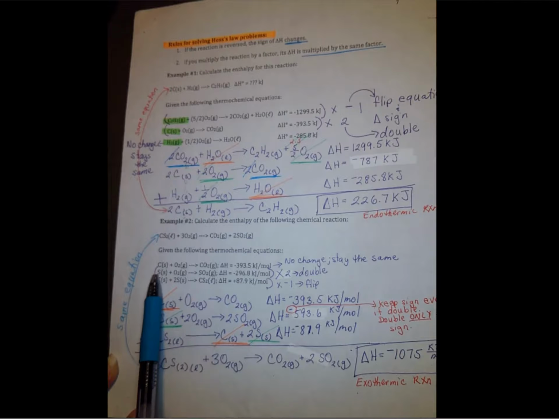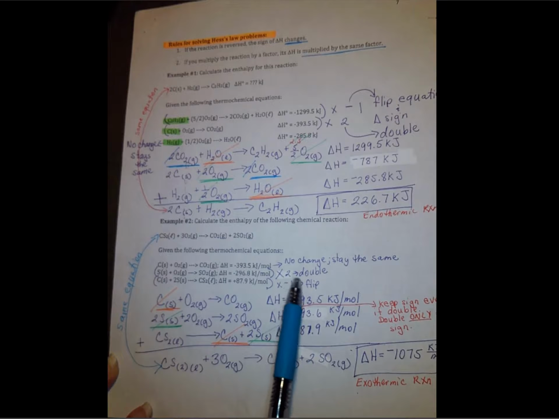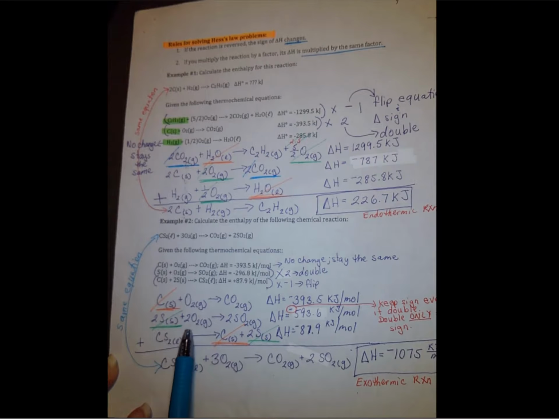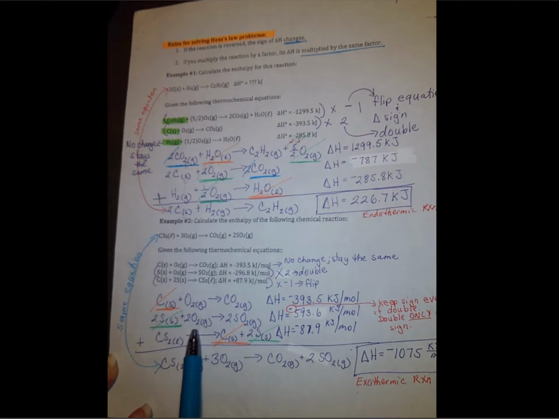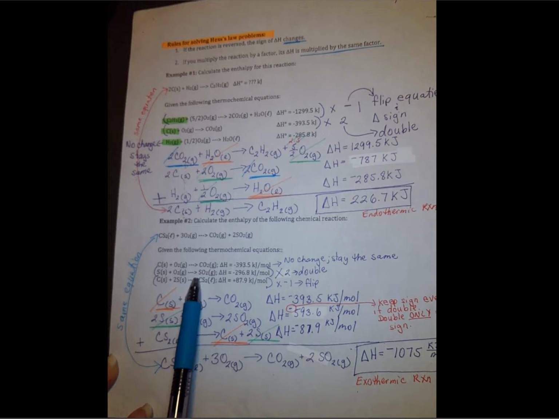So we're going to double this whole step 2, multiplying by 2. We've got 2 moles of solid sulfur plus 2 moles of oxygen gas that produces 2 moles of sulfur dioxide gas.